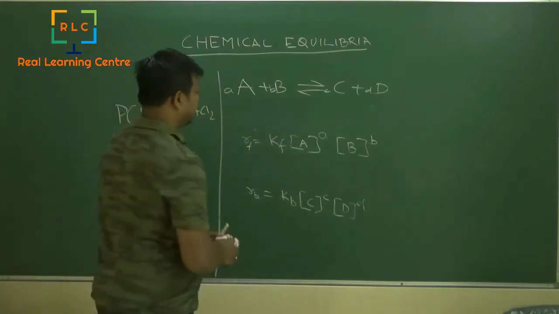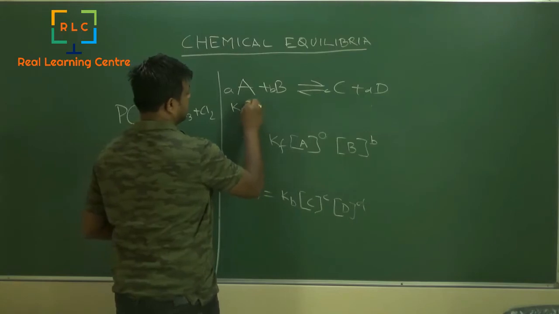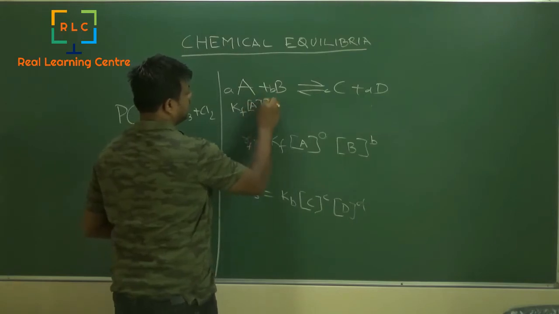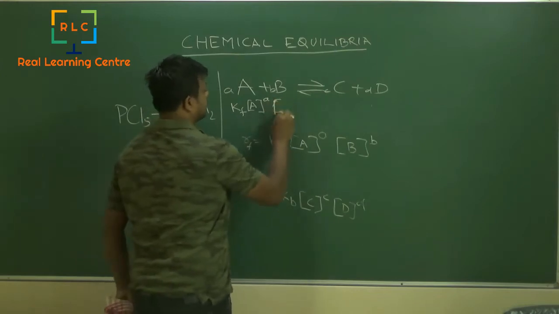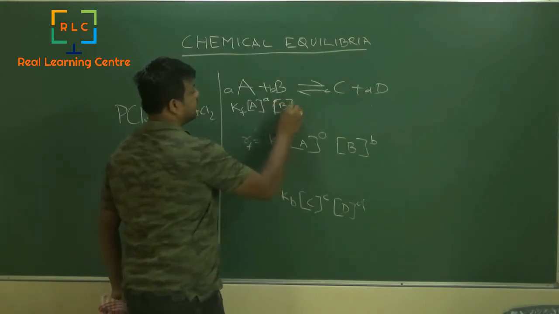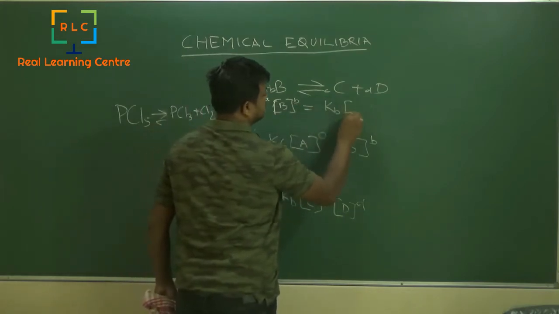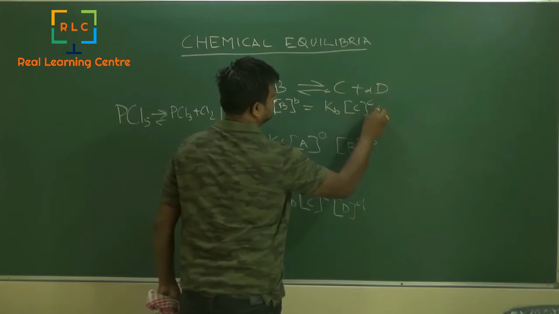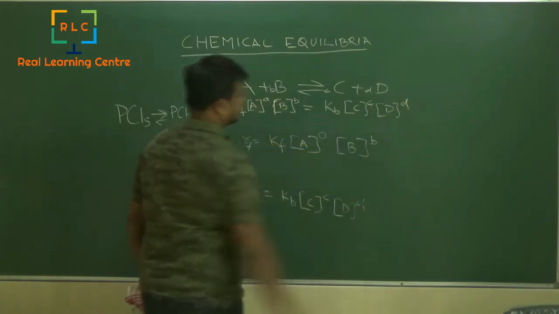So if I equate it, I can write it as Kf A to the power of small a, B to the power of small b, is equal to Kb C to the power of small c, D to the power of small d.